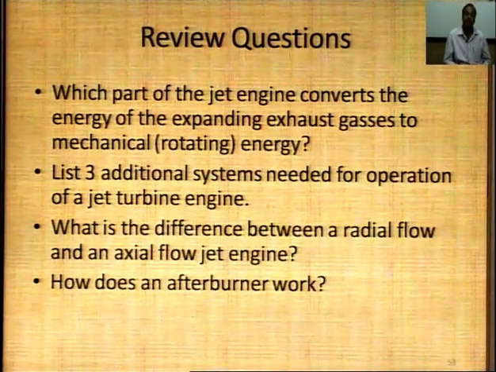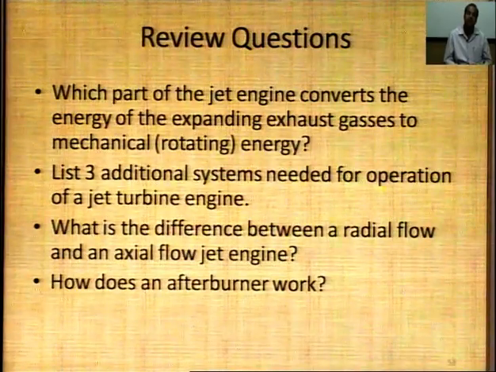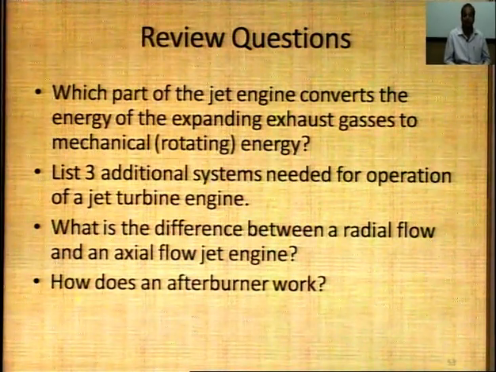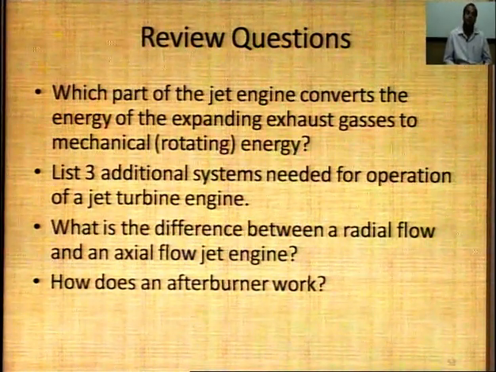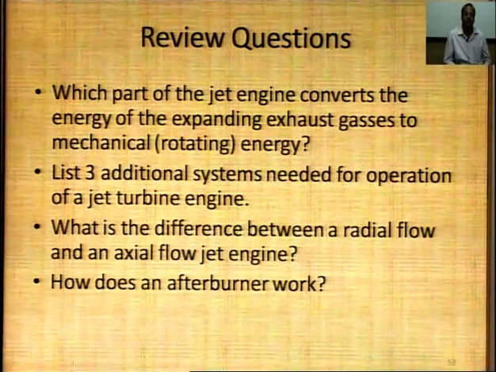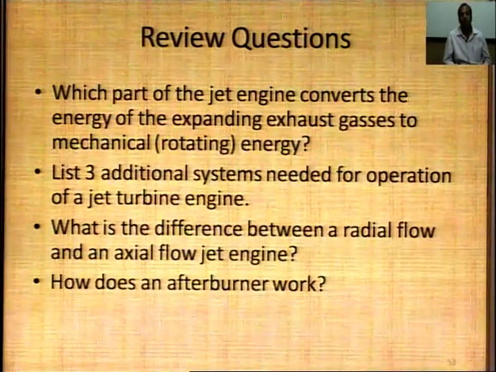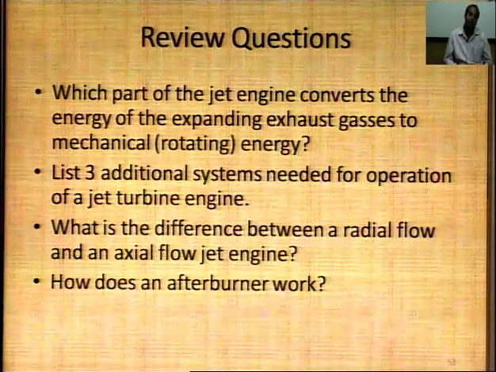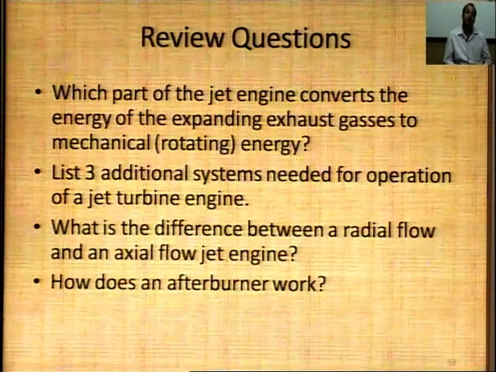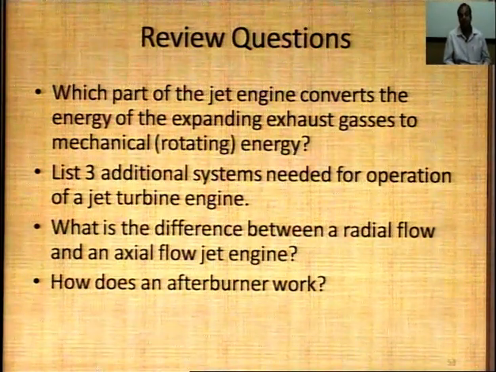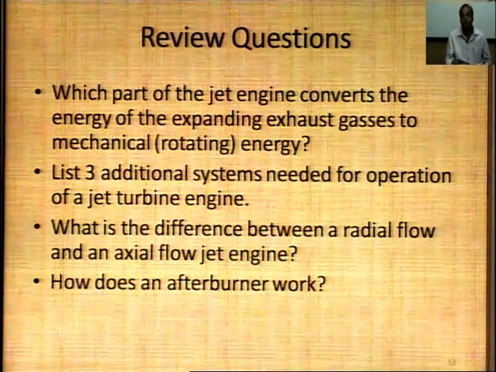Which are the 3 additional systems? Students can write or learn from the previous slides. What are the differences between a radial flow and an axial flow jet engine? And the last, how does an afterburner work? It is very important.